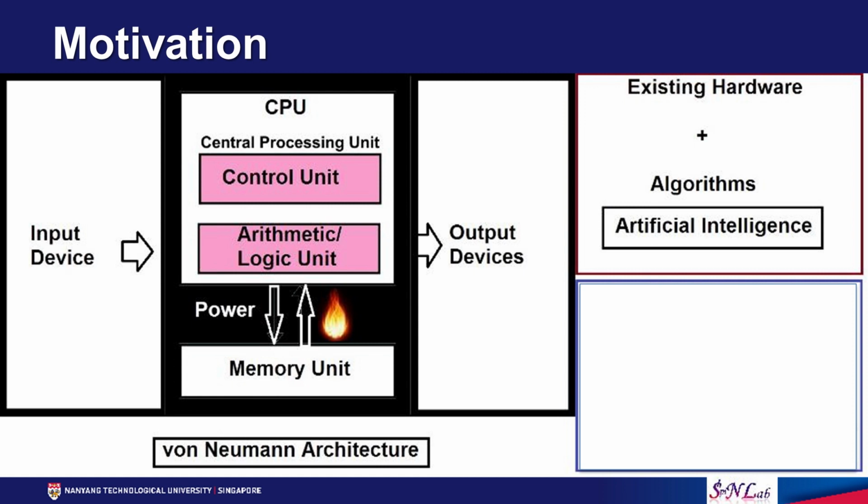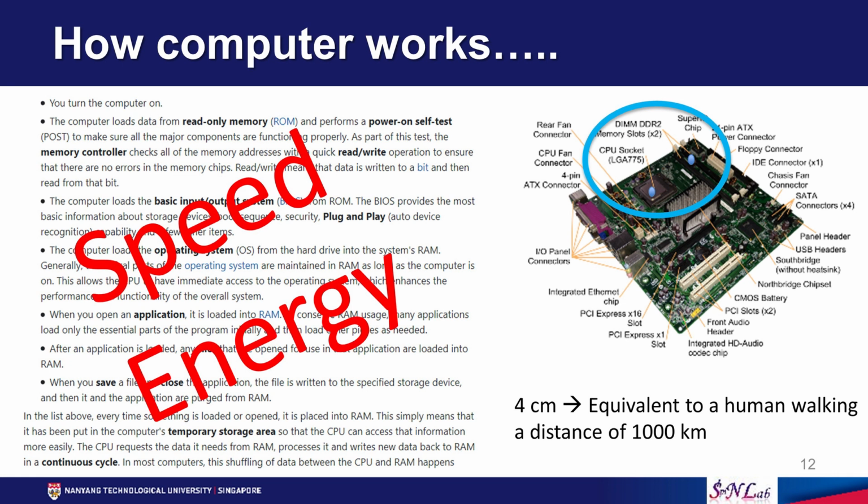When we do a lot of computation, especially in artificial intelligence applications, the data goes back and forth between the processor and the memory several times. This causes speed issues as well as energy consumption.